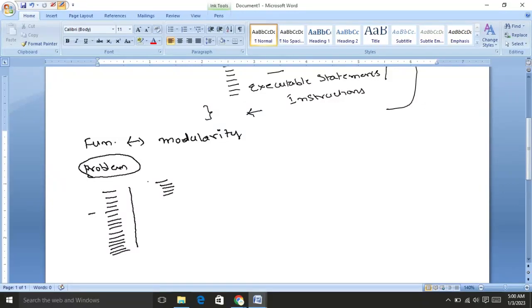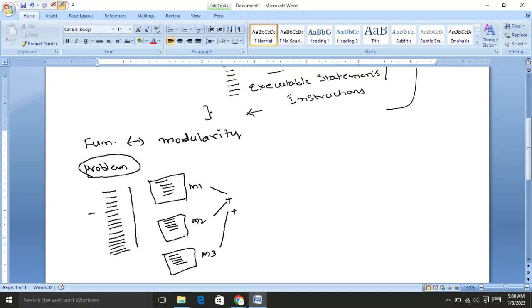Suppose this is one module, this is another module, and this is another module. For module 1, module 2 and module 3, we solve the problem module-wise and then add all these modules.